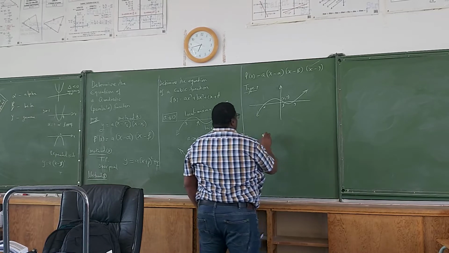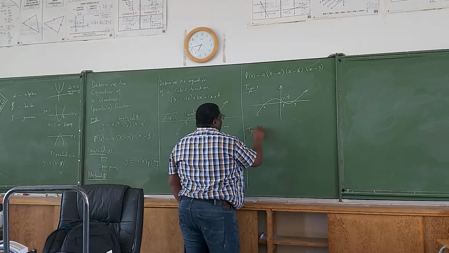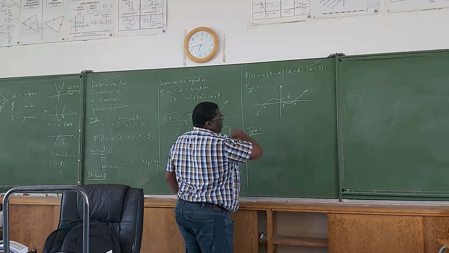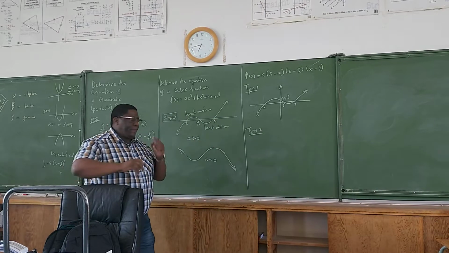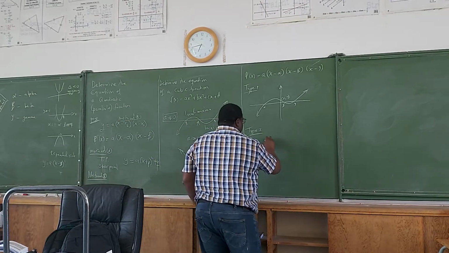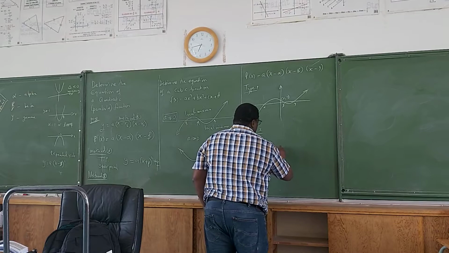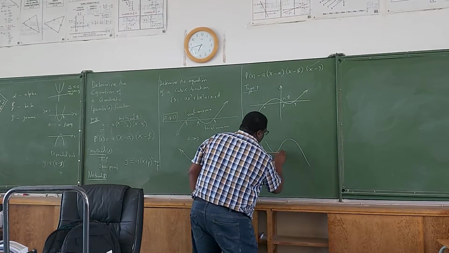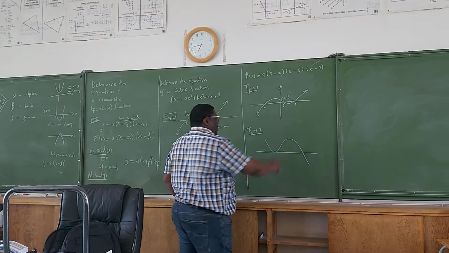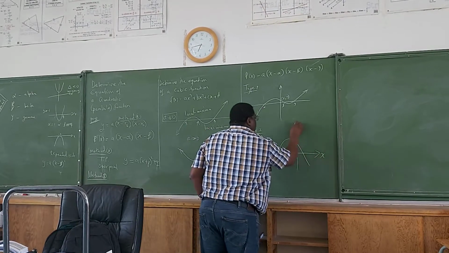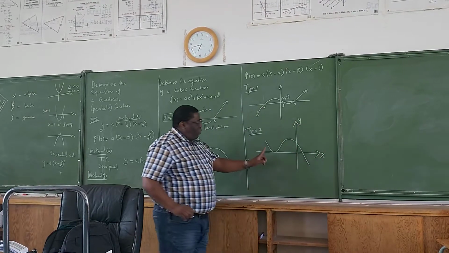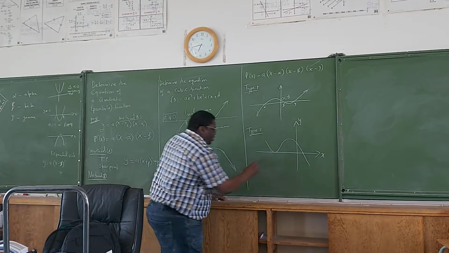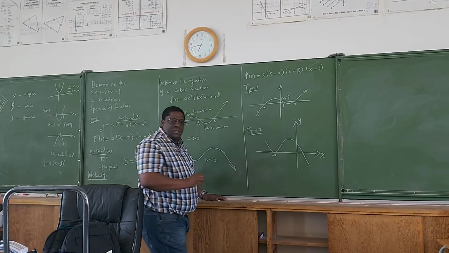You also have type 2. I'm just taking them differently here. You could have a graph, suppose that's x, suppose that's y. What you are realizing here is it is just touching at a certain place.